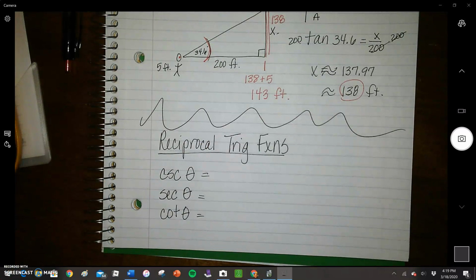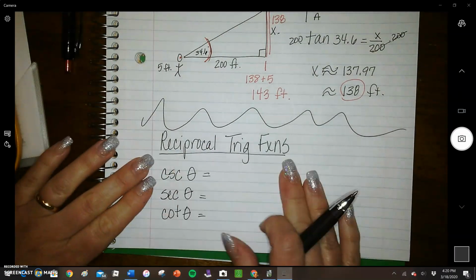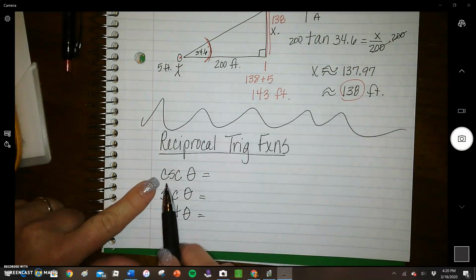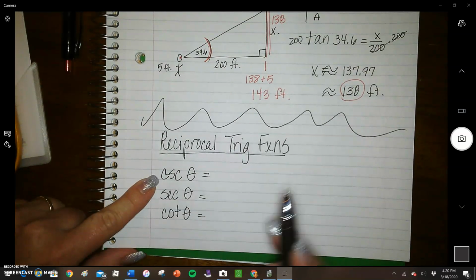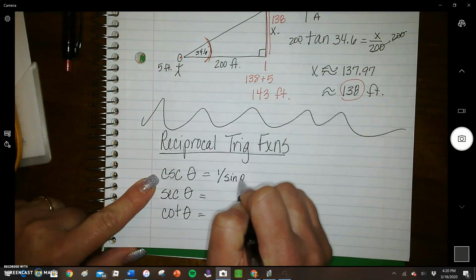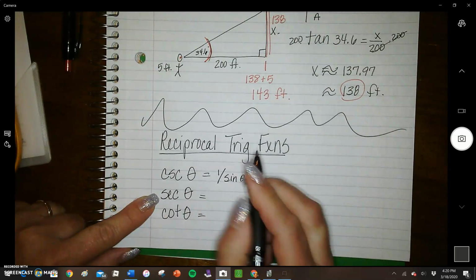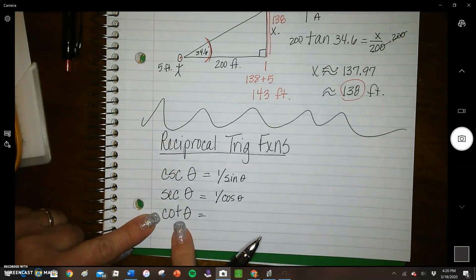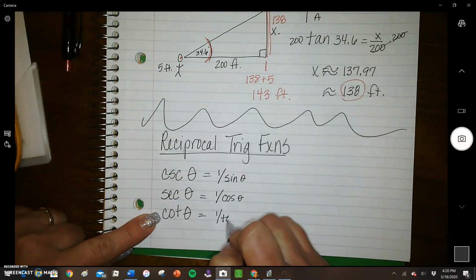All right, so the last thing that we need to talk about very quickly are reciprocal trig functions. So there are actually 6 total trig functions. There's the cosecant, which is going to be the reciprocal of sine. There's the secant, which is the reciprocal of cosine. And then there's the cotangent, which is the reciprocal of the tangent.